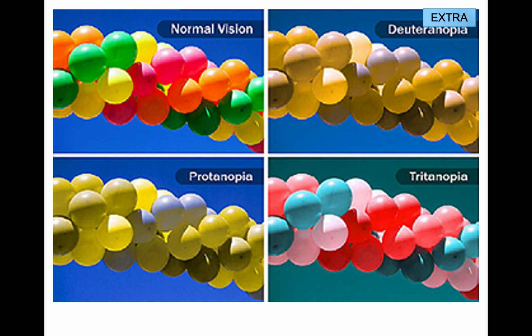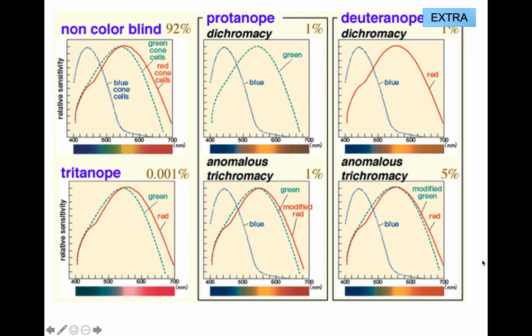Okay, here we have different types of colour blindness. Normal colour vision at the top, deuteranopia, protanopia and tritanopia. A non-colourblind person would have those absorption peaks that we looked at earlier on.